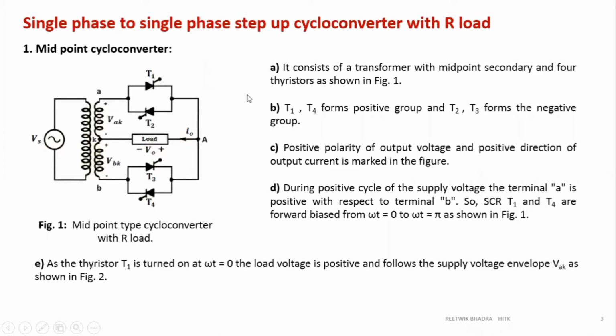These are anti-parallel thyristors, because all are AC to AC converters, and you need anti-parallel thyristors to conduct during both positive and negative cycles. This you already know from studying your AC voltage control. One will conduct in the positive cycle, the other in the negative cycle. Otherwise we can't get AC, right?